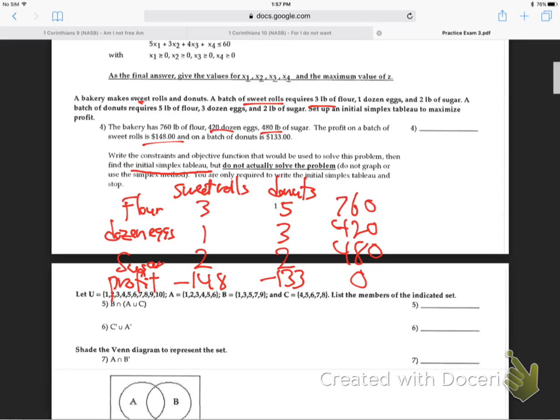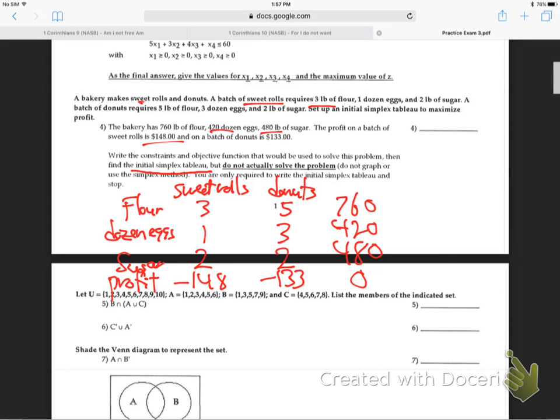This is always 0 there. Good so far? The profit line always has negative numbers because they move to the other side.